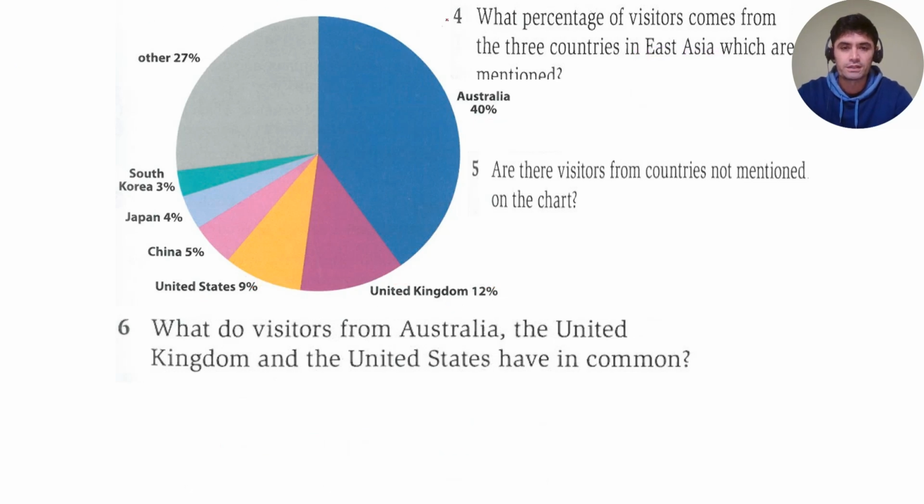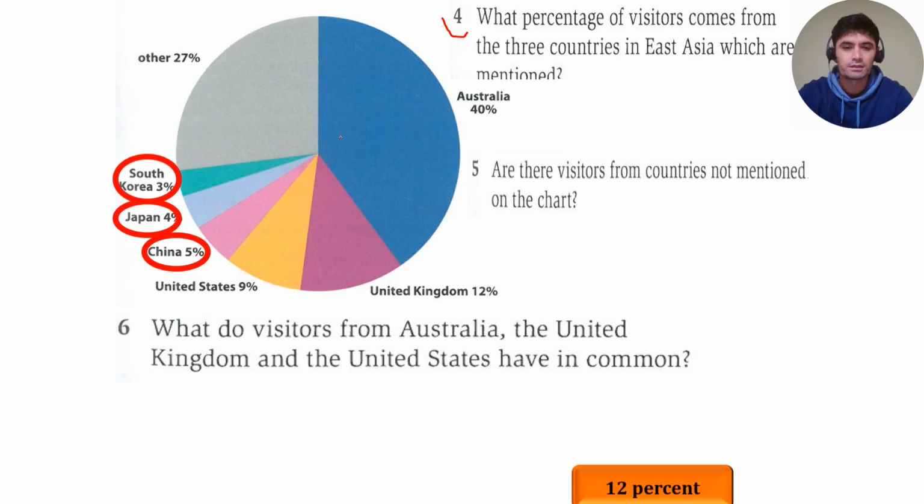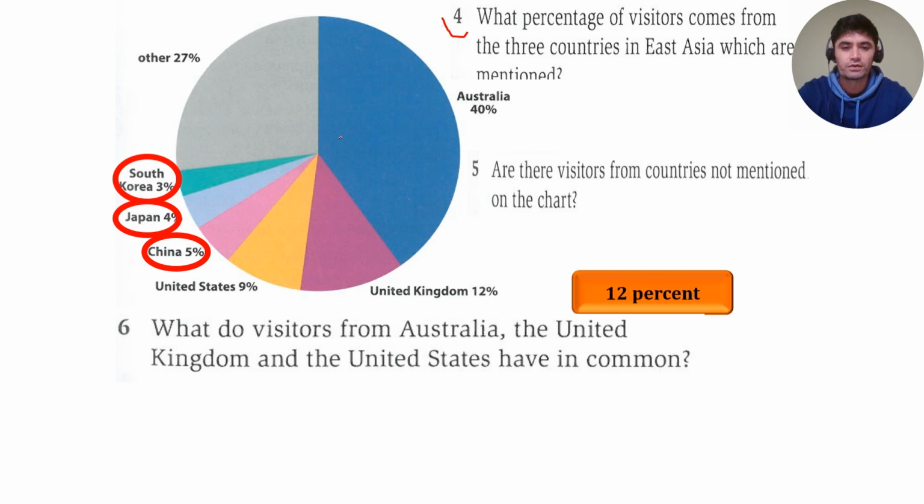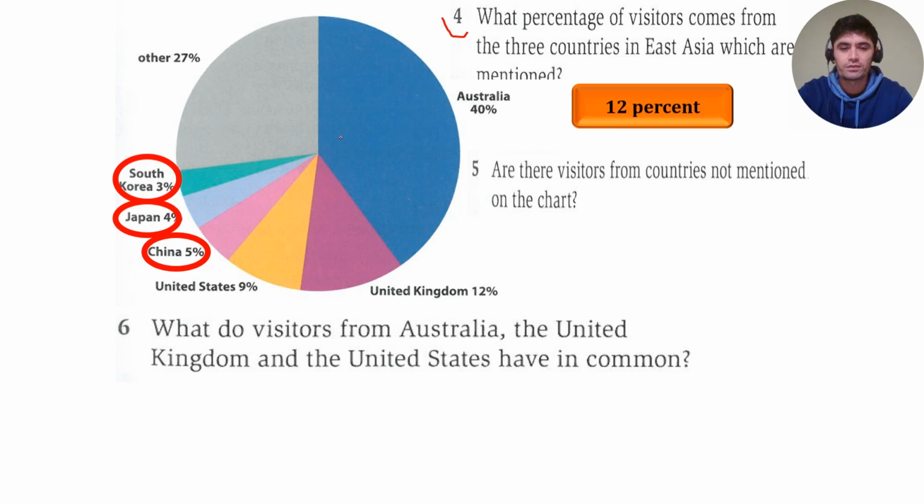Next, question number 4. What percentage of visitors comes from the 3 countries in East Asia which are mentioned? So they are from South Korea, Japan: 3% from South Korea, 4% from Japan, from China 5%, and overall 12% of people visit New Zealand from East Asia.